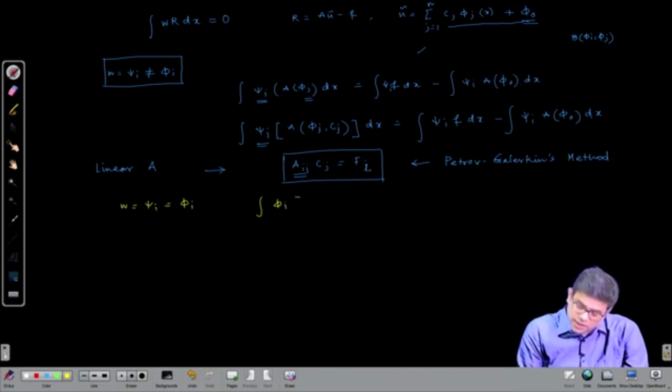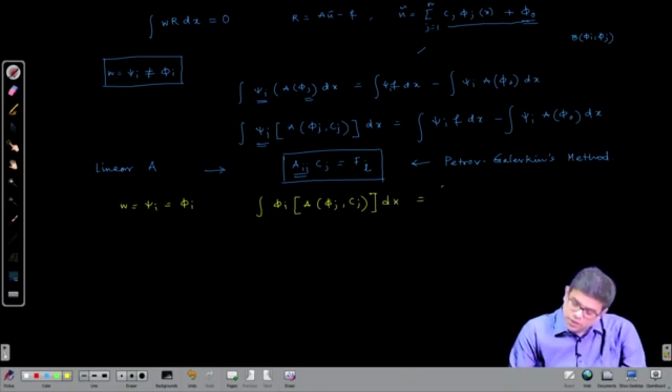So now here the integral of phi I times A of phi j Cj dx will be equal to the integral of phi I f dx minus the integral of phi I A of phi 0 dx.